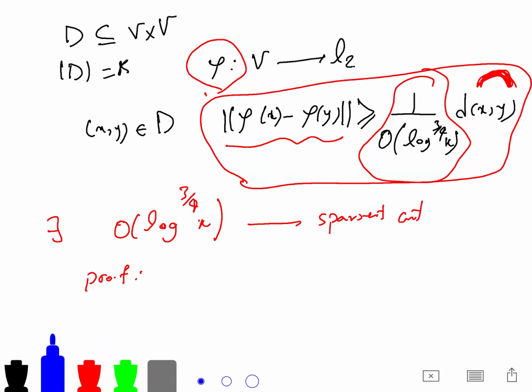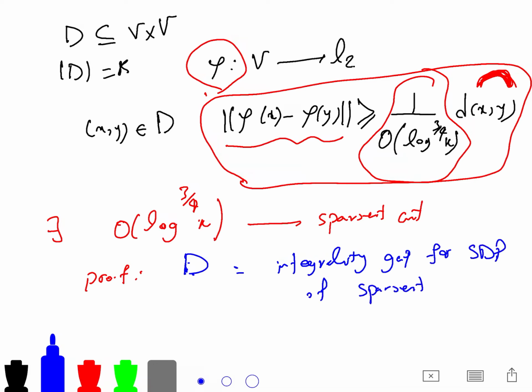The distortion D of embedding into L1 becomes the integrality gap for the SDP of sparsest cut, so if you check the integrality gap, you see that it's just your distortion.